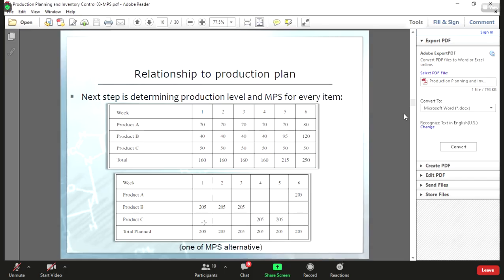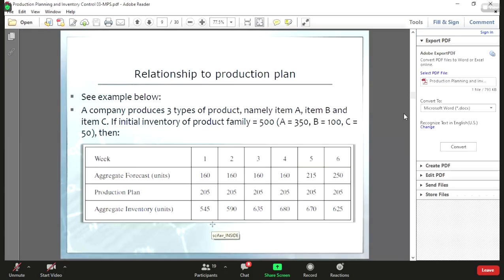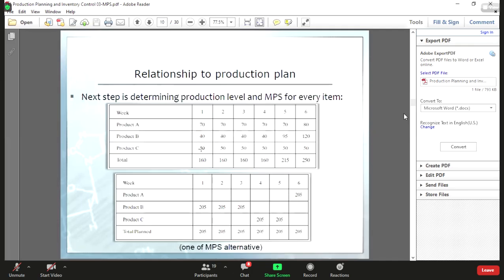How about product C? In period 1, we decide not to produce product C. We can check: the stock of product C is 50, and the requirement is 50. So if we decide not to produce product C in period 1, still okay.